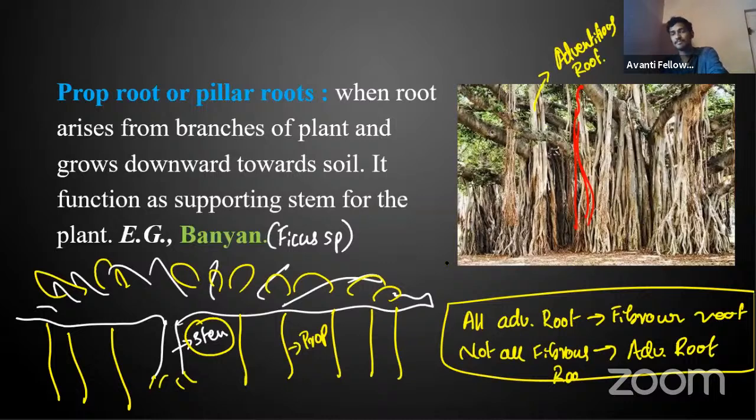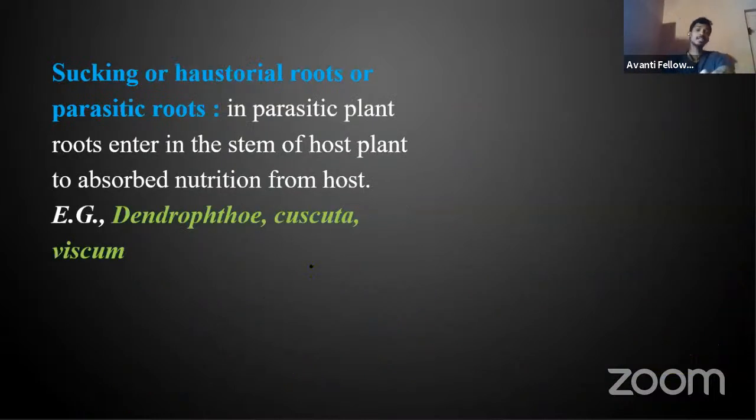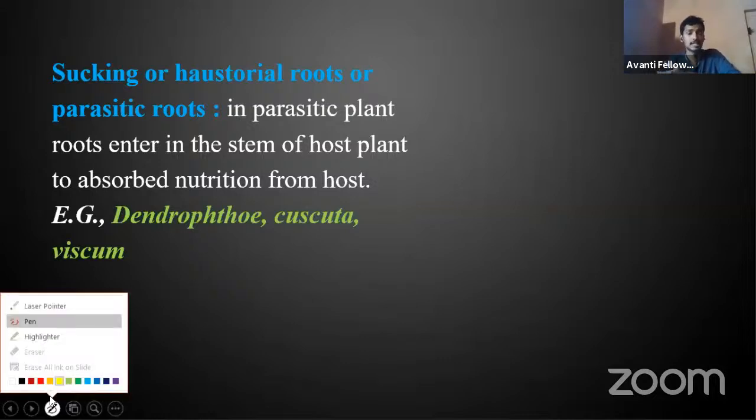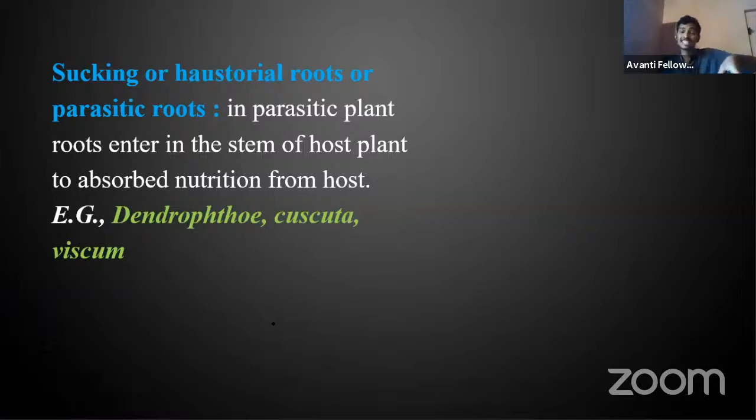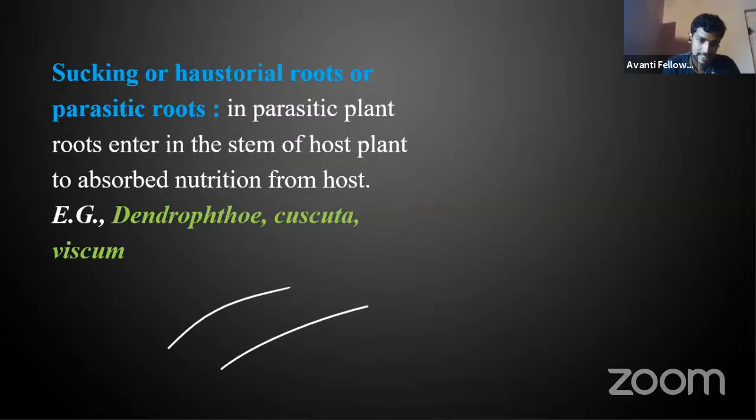Exactly, Pritam. So next is the sucking, haustorial or parasitic root. We already saw the parasitic plant, right? But we didn't see how the parasite extracts the nutrition from the host plant. The plant is something like this, the host plant, and our parasite is tying like this.